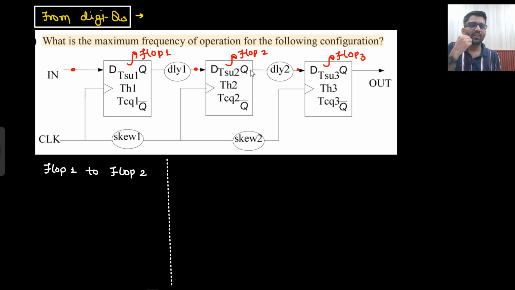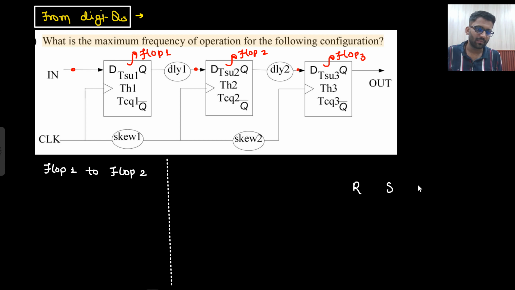Can I go from flop 1 to flop 3? You will say yes sir, you can go from flop 1 to flop 3. But in between there will be flop 2 only, no? Ram is there, Shyam is there, Mahesh is there. I need to go from Ram to Mahesh. In between Shyam will come. So better you go from Shyam to Mahesh only.